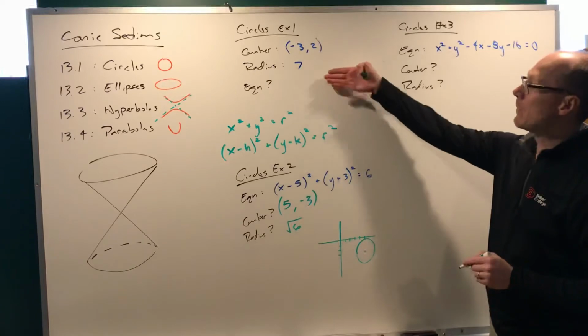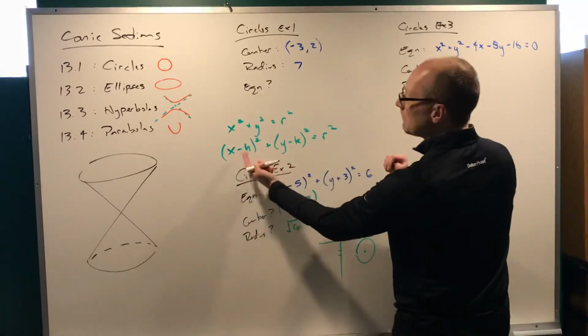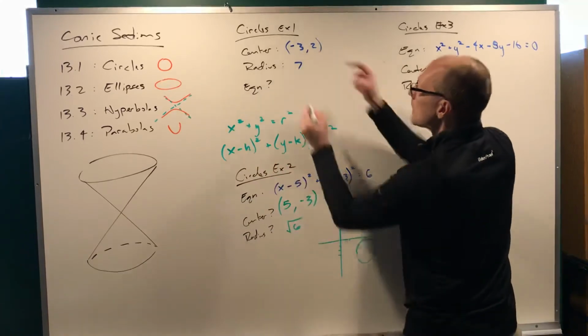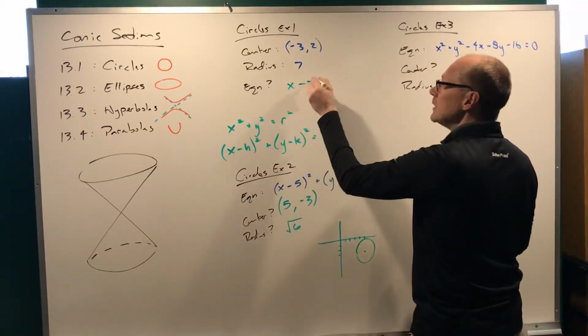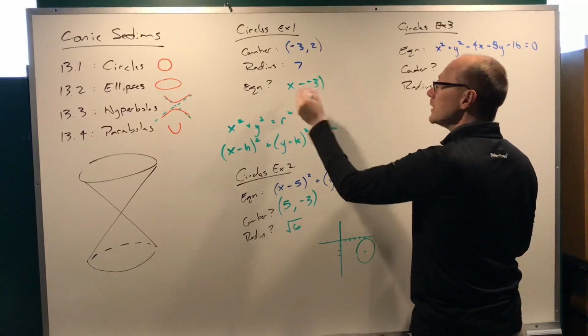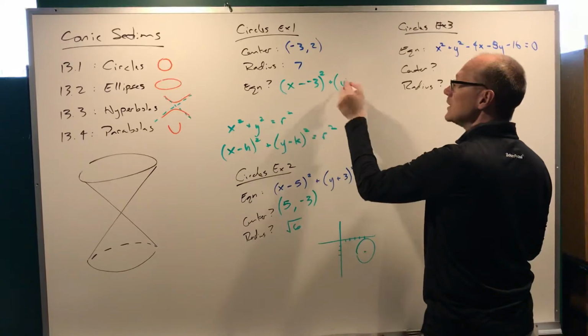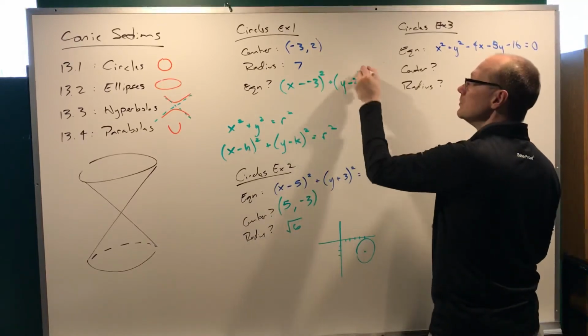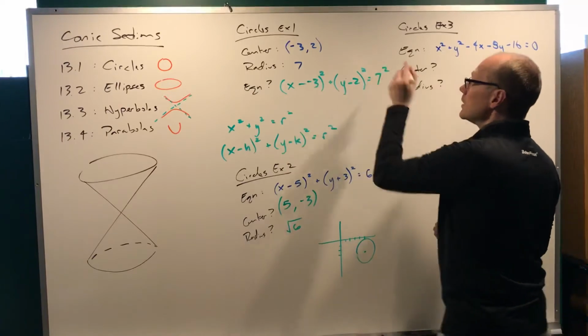Let's see if we can go about building an equation knowing the center. Again, it's x minus h. What am I subtracting? I'm subtracting negative 3. What am I subtracting here? 2. And what am I squaring? 7.